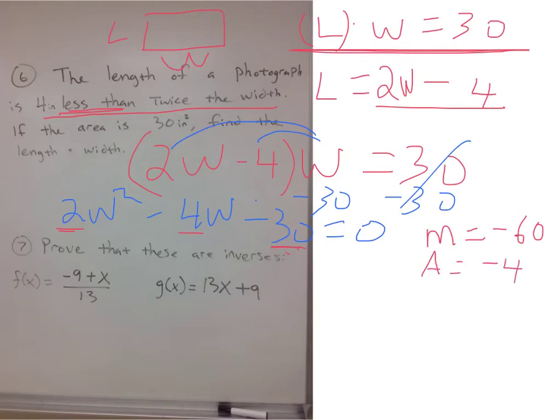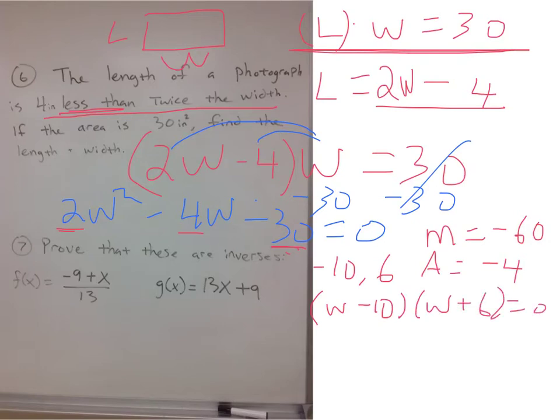Well, the two numbers that do that are negative 10 and positive 6. So then factoring is going to look like w minus 10 and w plus 6 equals 0.